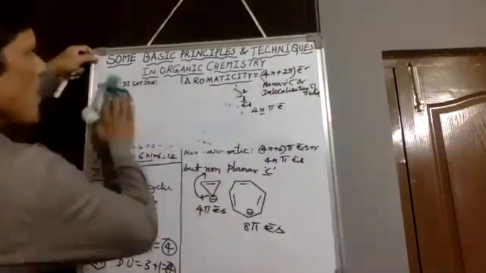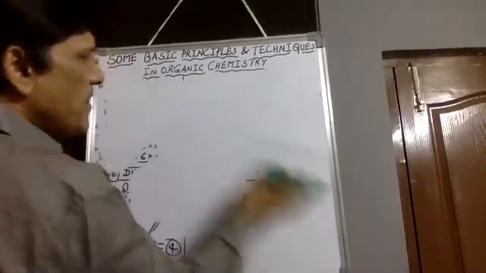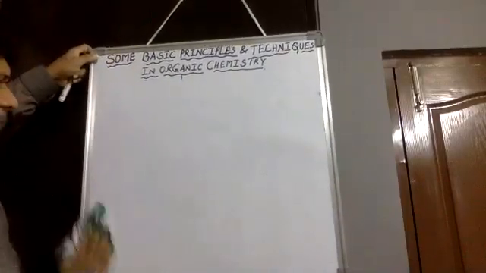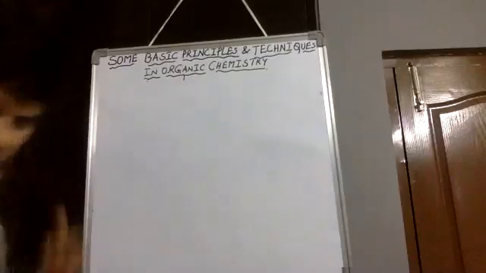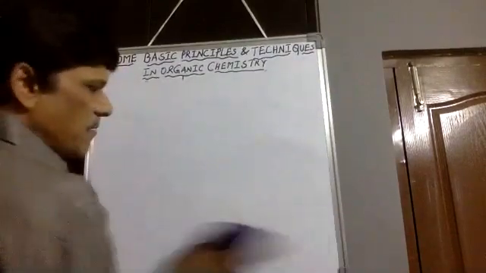Next, the fourth concept: primary, secondary, tertiary carbons and IUPAC nomenclature. Now we take the common system of organic compounds.